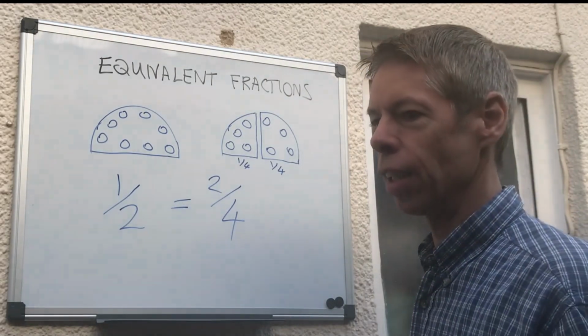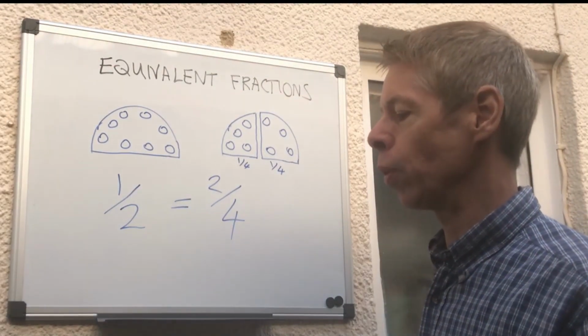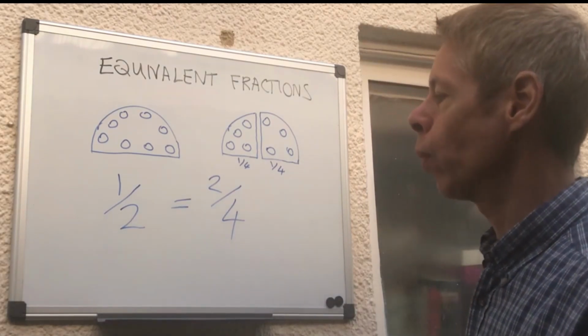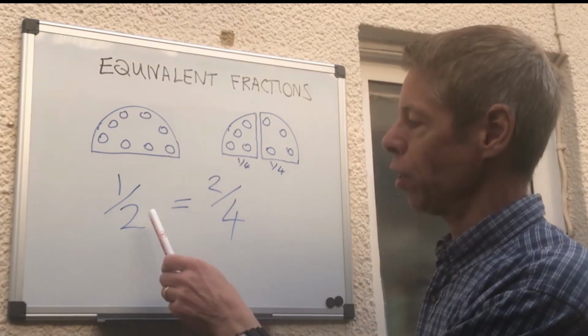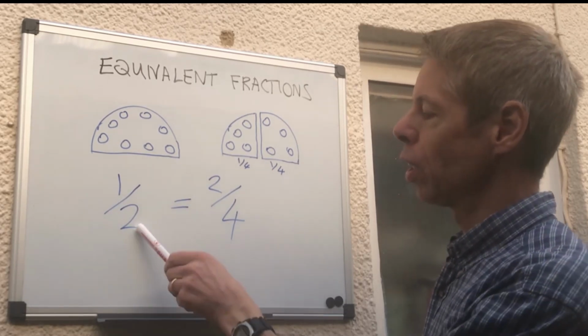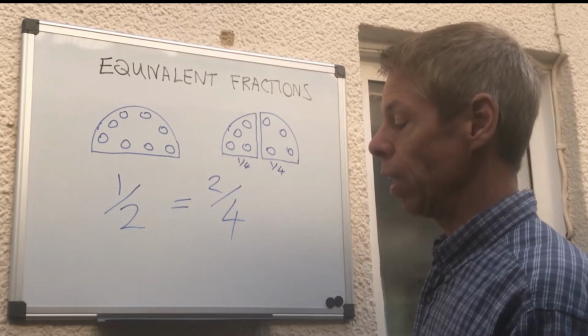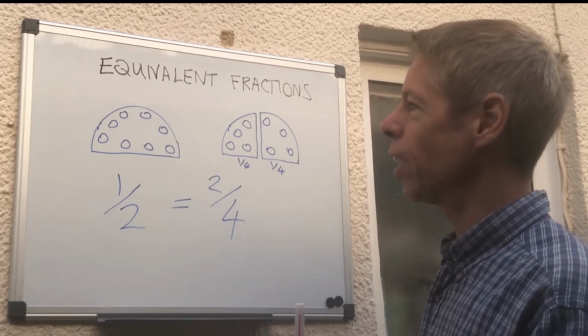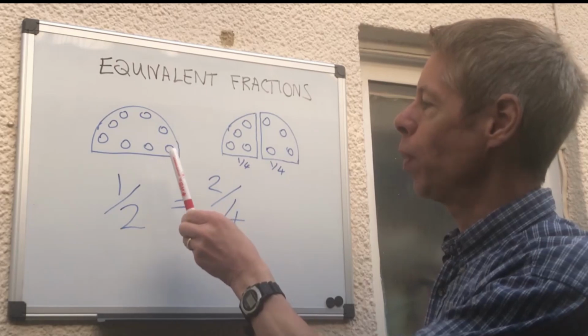That's all pretty easy. We probably all know that 1/2 is 2/4. But what if we didn't, and we were given a fraction, a half, and we wanted to change the denominator into something else? How do we do that without changing the amount of pizza we have?